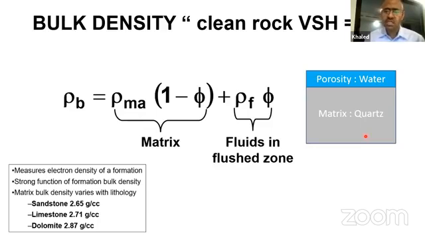Now, for the fluid, it depends what you have. If you have water, it is around 1 based on the salinity. If you have oil, it is based on how deep, the pressure and the composition, and depends, between 0.8, 0.7 for lighter oil, up to 1 for very heavy oil.